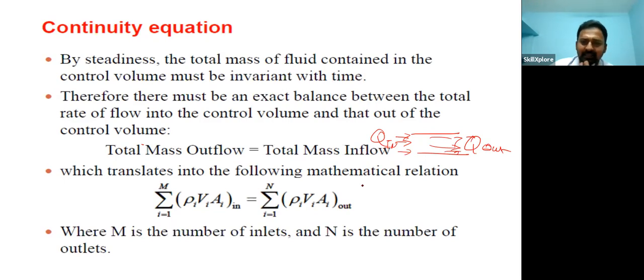So I think we can easily say that in a straight pipeline, if the condition is that we have branches in the pipe, this is Q in and this is Q out of 1, and this is Q out of 2. So here the input is divided into two outputs. We need to calculate the velocity of the output of the first flow and the second flow.